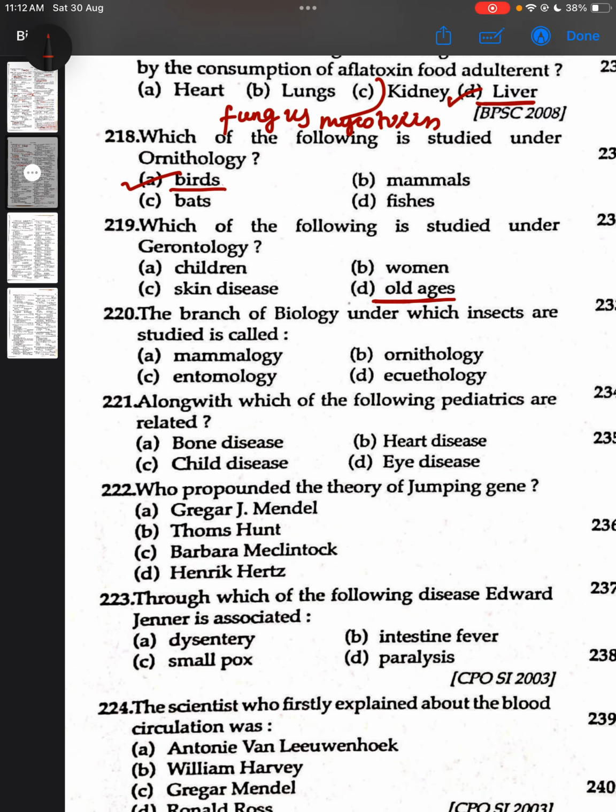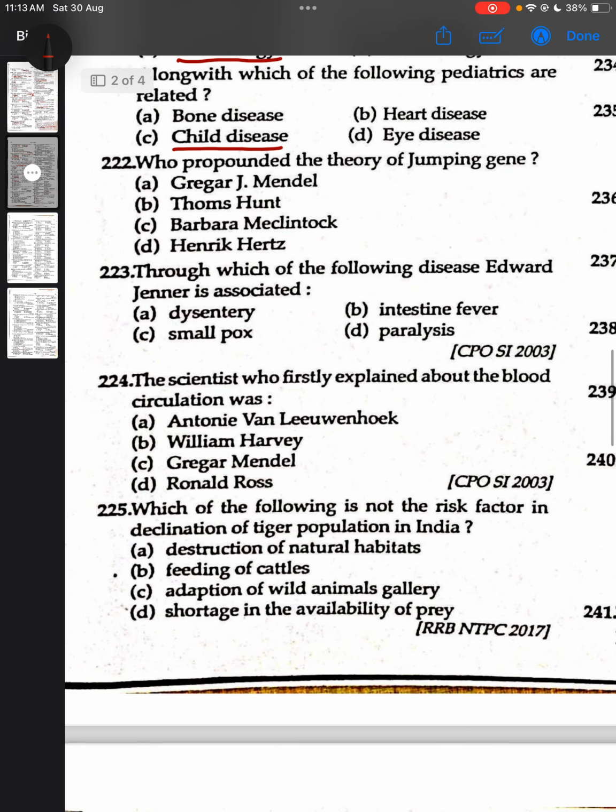The branch of biology under which insects are studied is known as entomology. Which of the following are pediatrics related to? Child disease. Who propounded the theory of jumping gene? Barbara McClintock. And jumping genes we also know by the name of transposons. And for the discovery of jumping gene she was given the Nobel Prize in 1983.